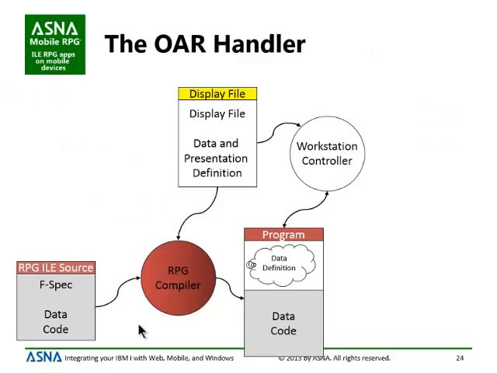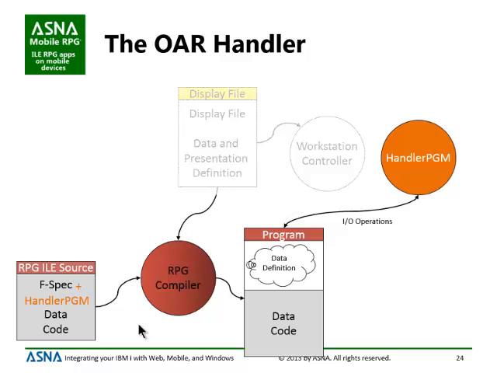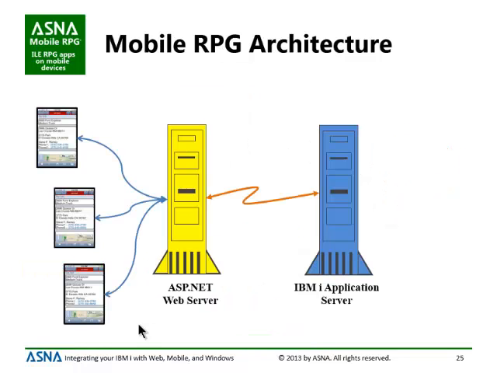So here's another way to think of it. Here we've got the runtime of a traditional RPG application, where the RPG program emits display file data to the workstation controller. That gets merged with the display file object itself, and that then renders on your 5250 emulators. But in the case of Mobile RPG, that display file I/O is rerouted through the Open Access API and the ASNA Mobile RPG Handler out to the mobile UI.